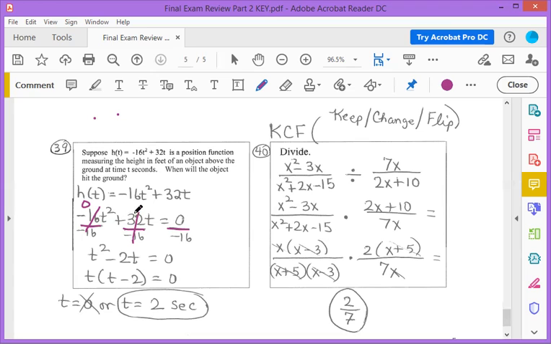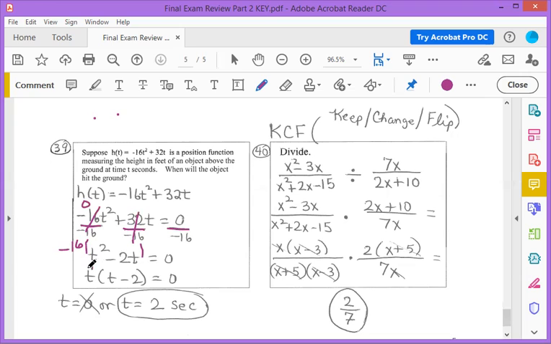We divide negative 16 from 32, we get 2t. That's us factoring out that negative 16. Now, once we do that, we'll get t squared minus 2t equals 0.